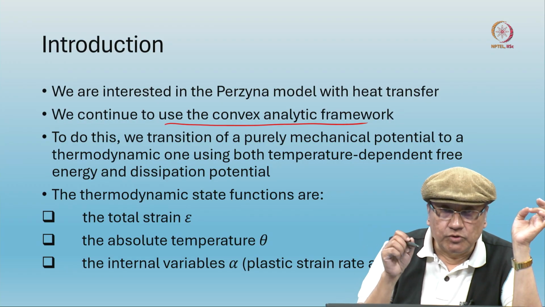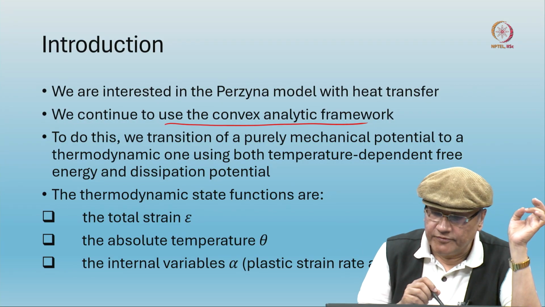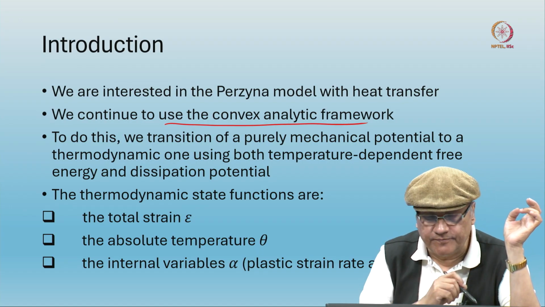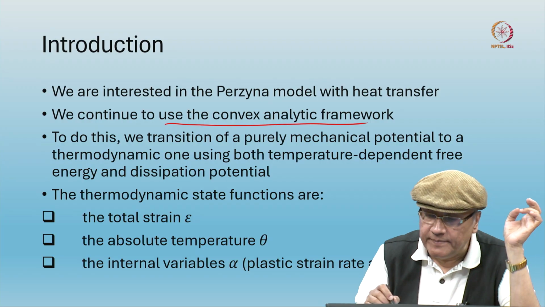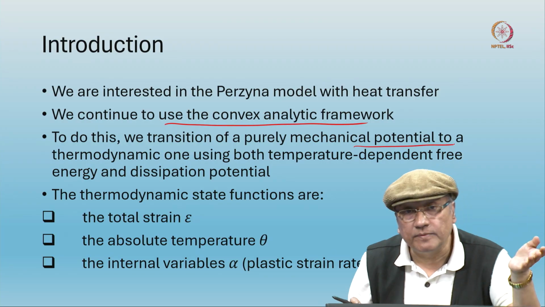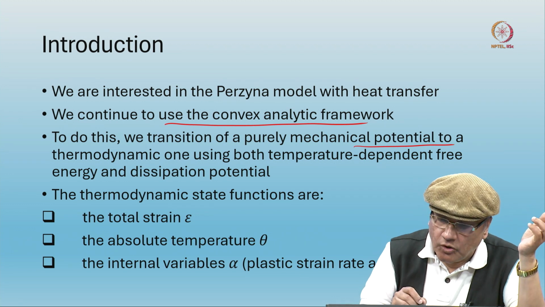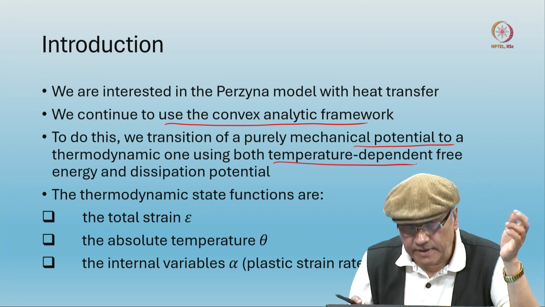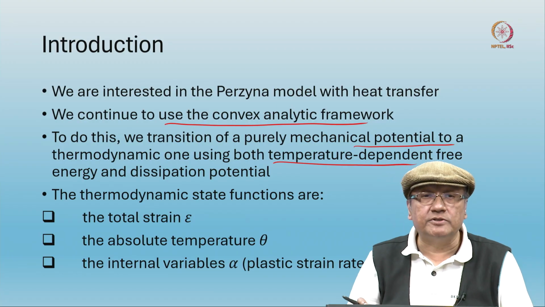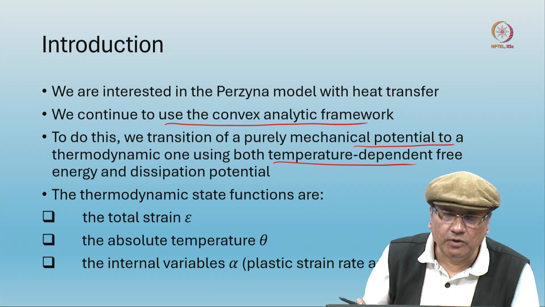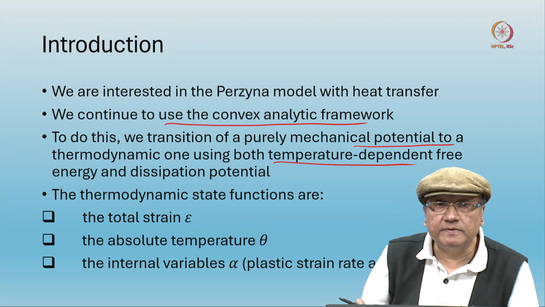So, to continue with our convex analytic framework, we have to transition from a purely mechanical potential that we have so far been using to a thermodynamic potential which is also temperature dependent. Okay. So, the free energy has to be temperature dependent, and the dissipation potential also can be temperature dependent.